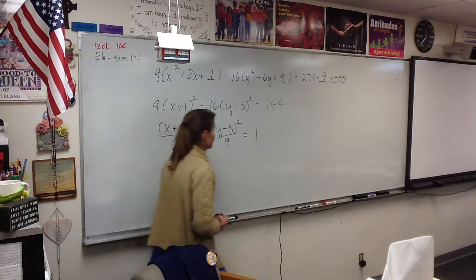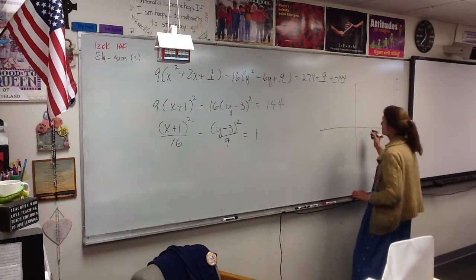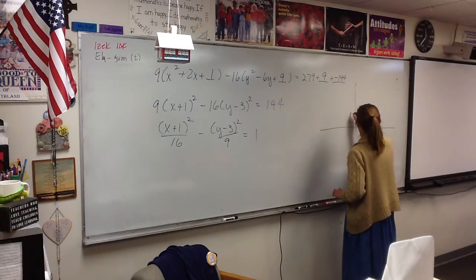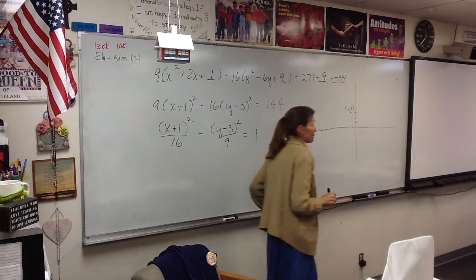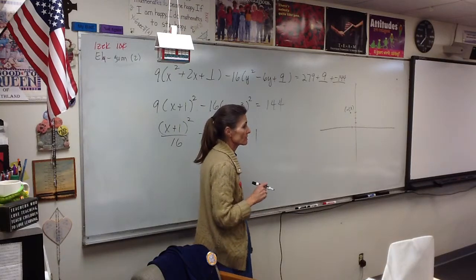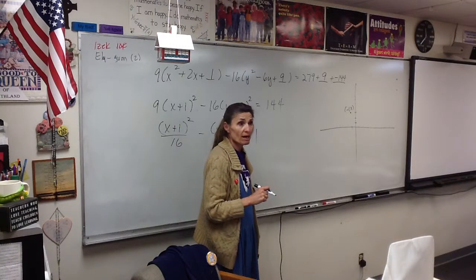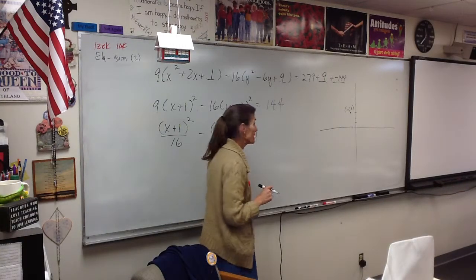Where's my center? Negative 1, 3. Now, obviously, I'm filling in blanks, I'm not drawing a picture, but I'm going to draw a picture because it helps me. So I'm going to need to build my box. When I draw a hyperbola, I need a rectangle, a box to frame it in.